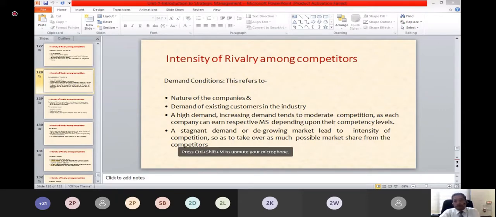So in that case also you will see the intensity of competition will tend to increase, in the sense that each company will try to take over the possible market share from the competitors. Each company will try to get the market share which the already existing companies were enjoying.